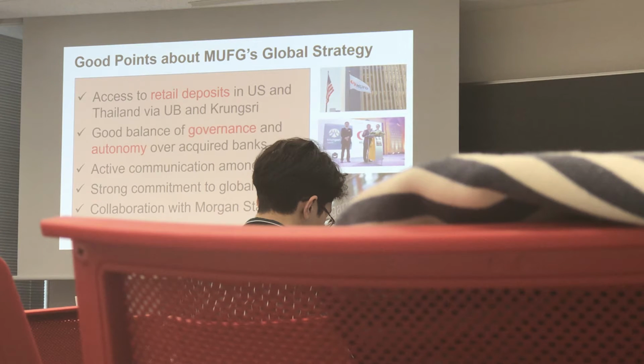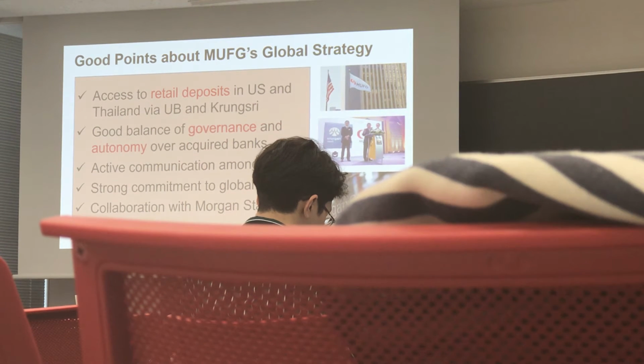And also a good balance of corporate governance and autonomy, because they sent the chairman or CEO to Union Bank, but the majority of the board or executive members are non-Mitsubishi people, just local people. The same is true for Krungsri. The management team is mainly from the ex-management of Krungsri.